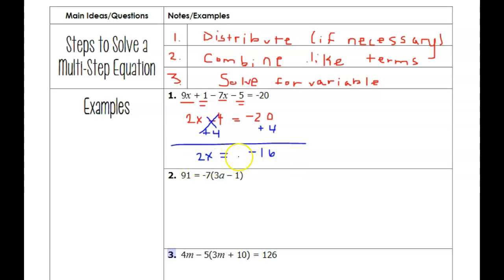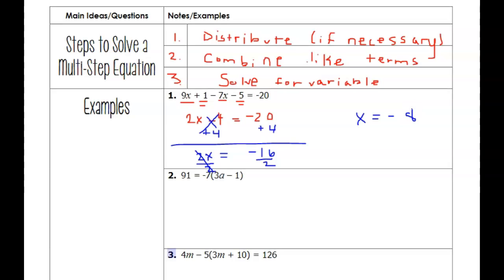Now, to get x by itself, I divide by 2 on both sides. On the left side, the 2's go away, and I end up with x equals negative 16 divided by 2. Well, that is negative 8. Not so bad.